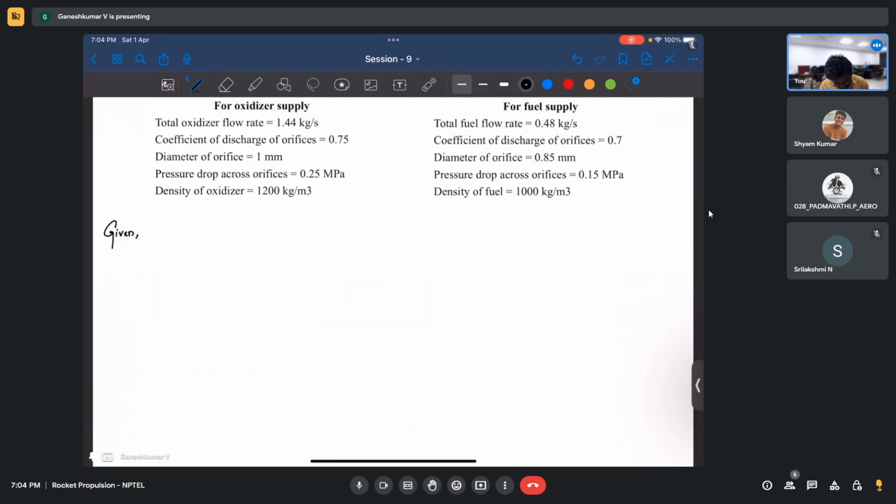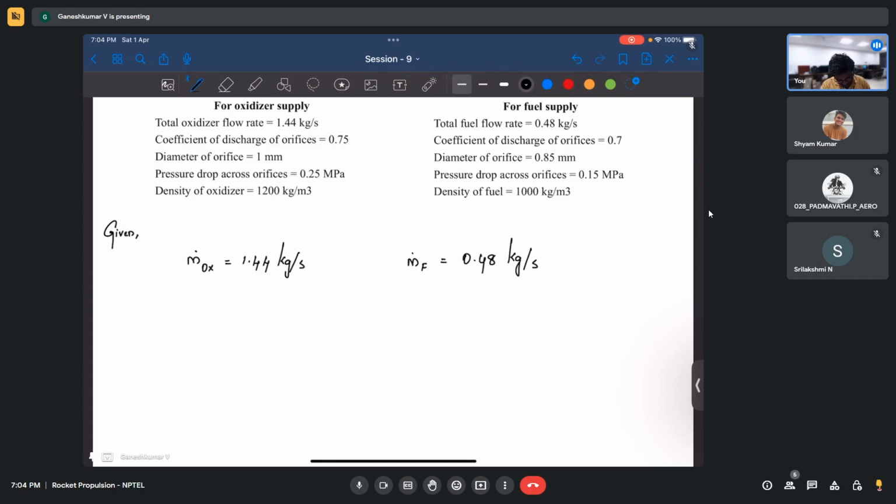The given problem is that we have a fuel and oxidizer supply. The mass flow rate of fuel is given. This is the total mass flow rate through the injector, not through only one orifice. Similarly, let me write the oxidizer as 1.44 kg per second, and the mass flow rate of the fuel is 0.48 kg per second.